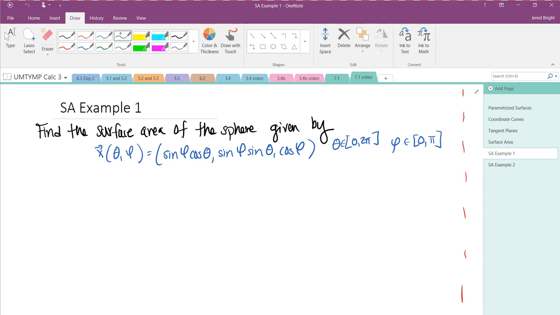All right, so we need to find the length of the normal vector and integrate that across our domain D. Okay, well, let's do it. To do that I need t theta.